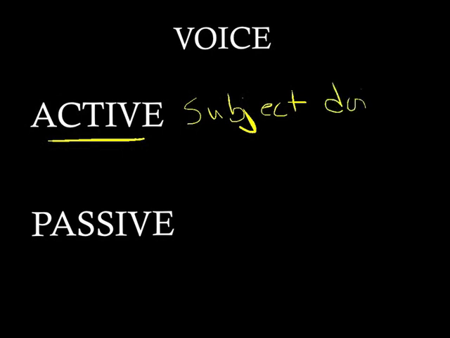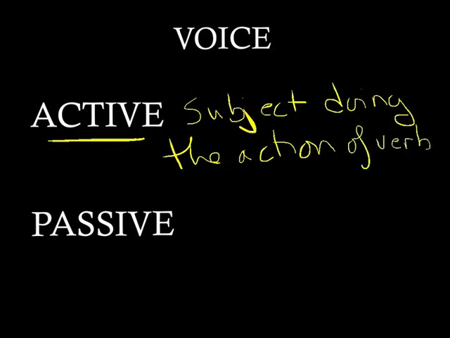Now, voice we're not going to deal with much, but it's just good to be aware of it. Active and passive. In an active voice verb, the subject is doing the action of the verb. And so you would have an example like, I hit the ball. I am the subject, I am doing the hitting. That is an active verb.